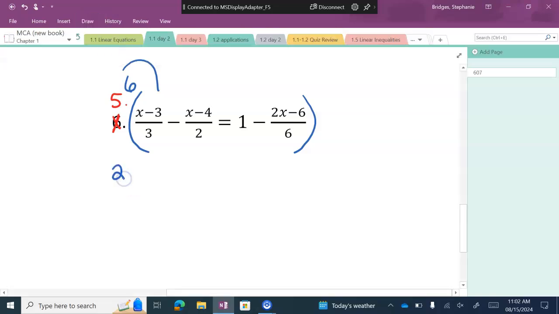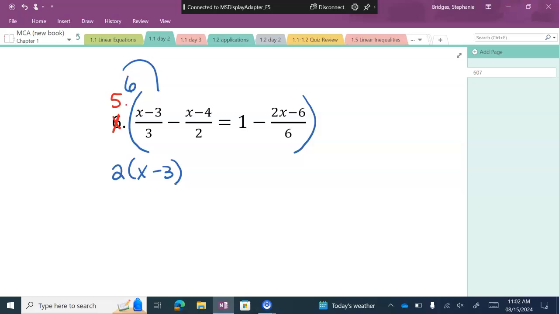I'm going to have 2 left over, right? But that 2 has to get multiplied by the entire numerator. What is the entire numerator there? X minus 3. So what should I put that X minus 3 in? Parentheses, yeah. And the reason I am doing this is because my numerators have binomials, 2 terms. I have to make sure I multiply the leftovers by both terms.